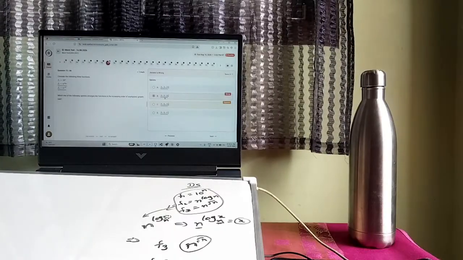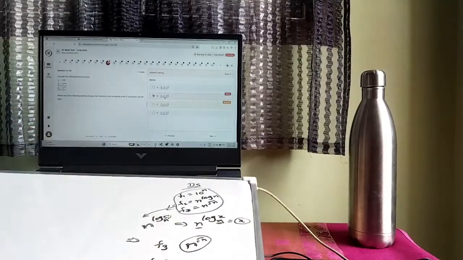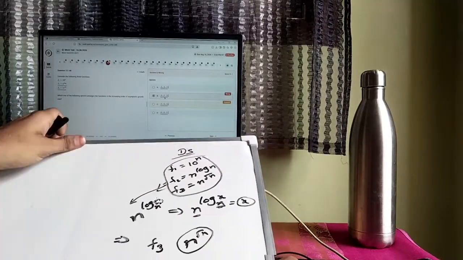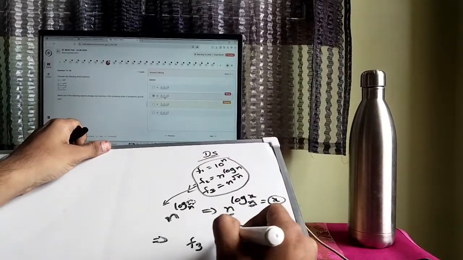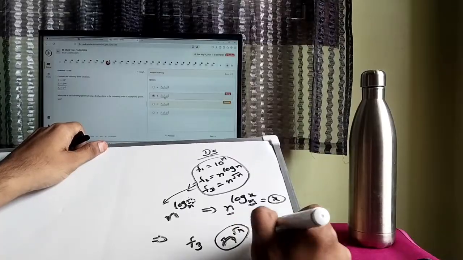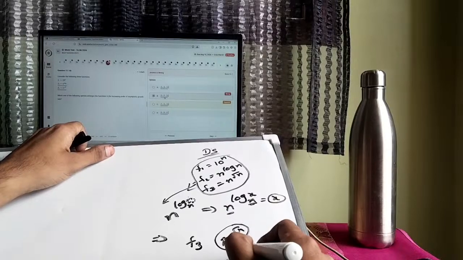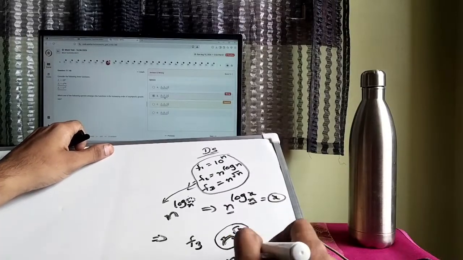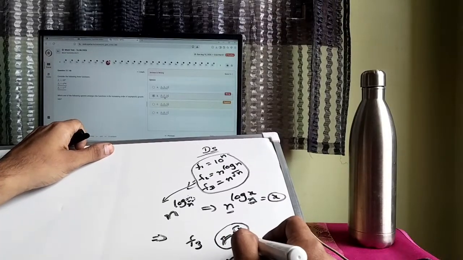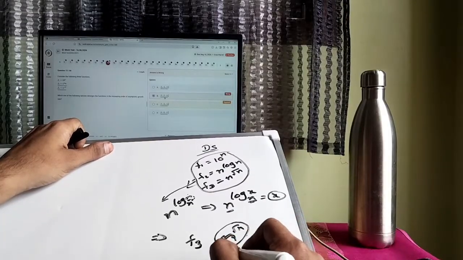Okay, I'm back. So if you see this function, n power n, it is exponential, it should be the greatest function. And f2 is n log n. You can also say this is exponential, but we have to compare the powers.